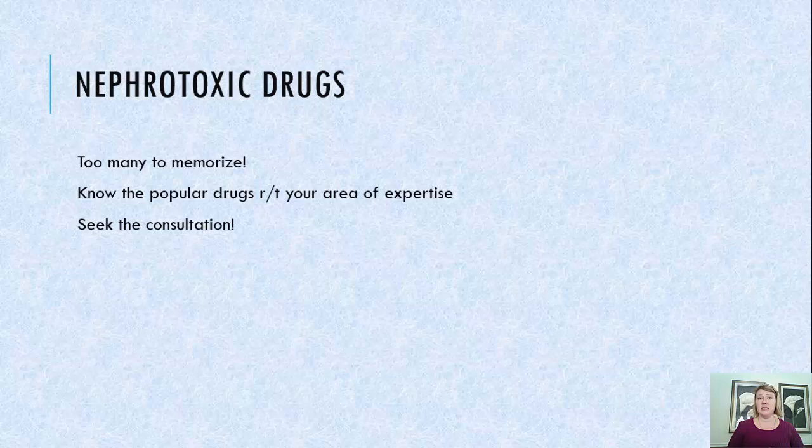In particular, pay attention to NSAIDs, such as ibuprofen and naproxen. The pain medication article that I've given you is very important in understanding the impact of opioid medications and dialysis patients. There's also a great article on IV contrast and understanding the impact that IV contrast has on the body's natural renal process to excrete toxins.